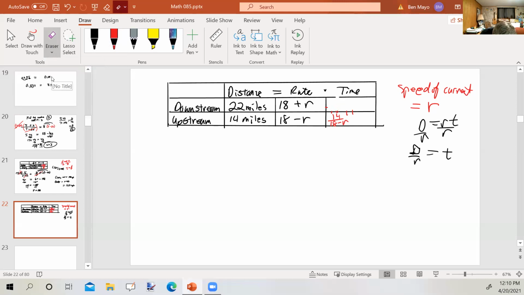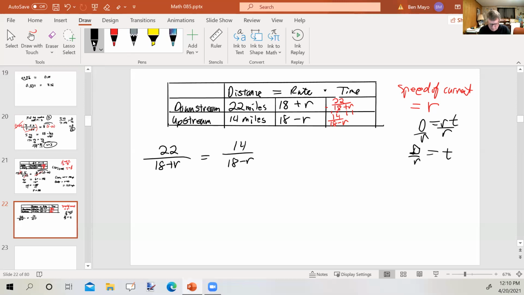Since the times are equal, 22 divided by 18 plus R equals 14 divided by 18 minus R. You okay with that?